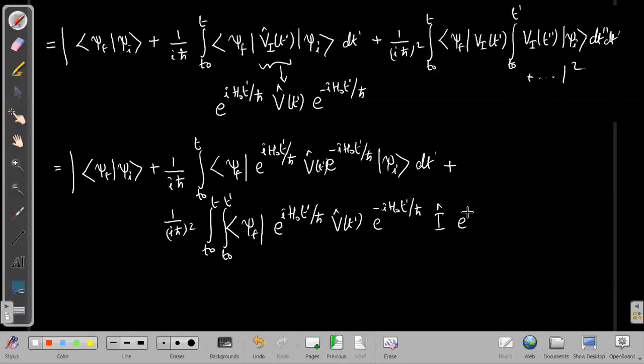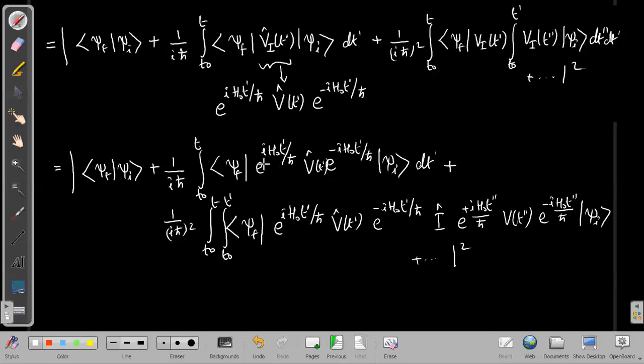Then e raised to plus iH0 t'' by ħ, V at t'' e raised to minus iH0 t'' by ħ, then |ψ_i⟩ plus etcetera, mod square.